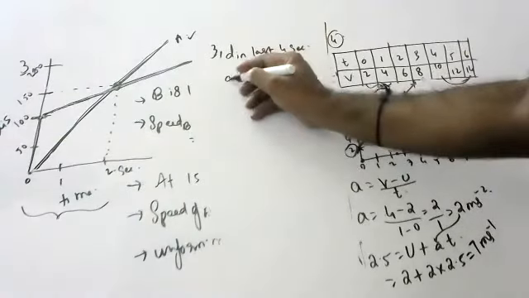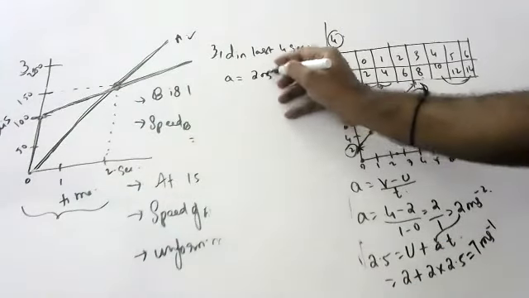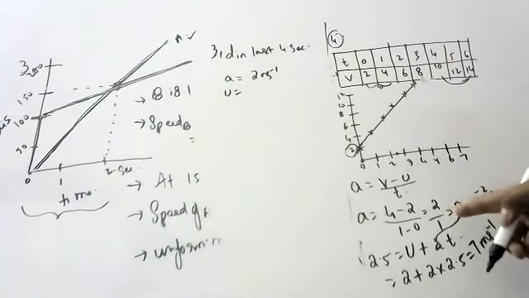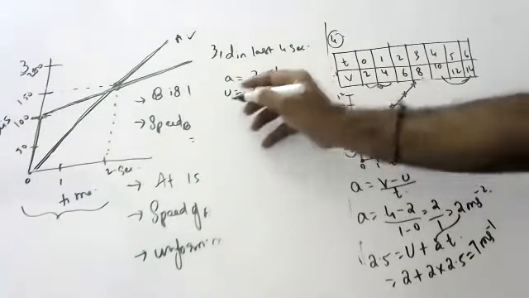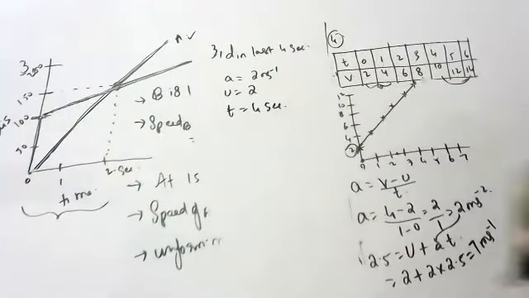Acceleration is how much, children? 2 meters per second square. Initial velocity, sir. Initial velocity 2. But he is asking last 4 seconds.